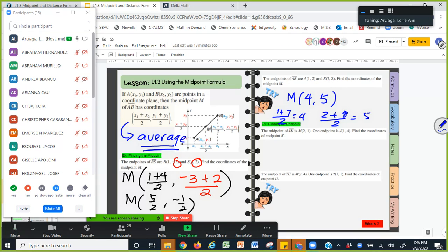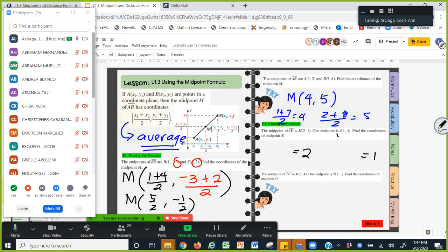Nope. Okay. Now we're going to change the given information a little bit. This time, the midpoint is already given, so you know that the answers are 2 and 1. Now only one endpoint is given.